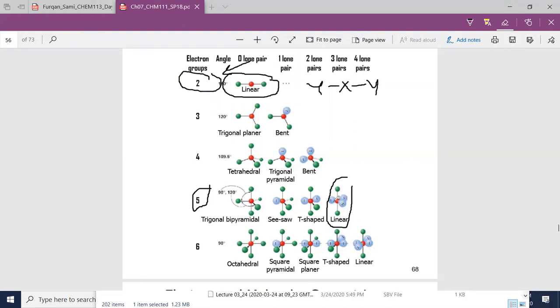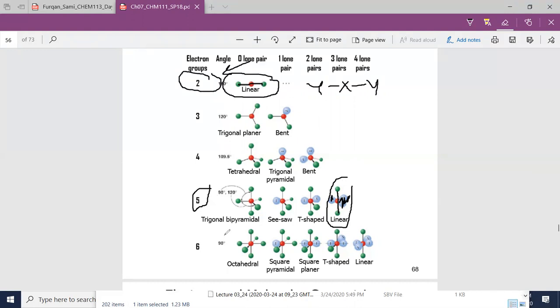So the push from this side and the push from this side are balanced on the molecule. That's why these bonds are going to go in this straight line. And that's because when we are talking about the shape, we are not considering the lone pairs. Then the shape of the molecule is going to be linear, exactly how it was linear here. That's important. That's where you're supposed to focus.